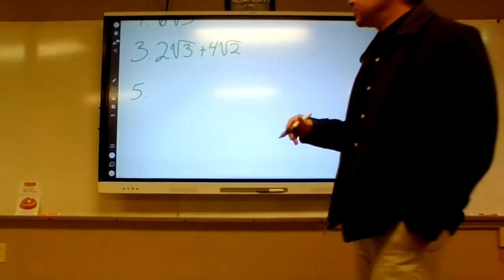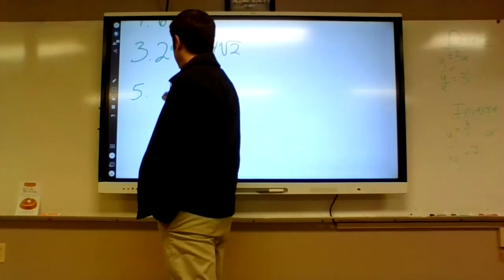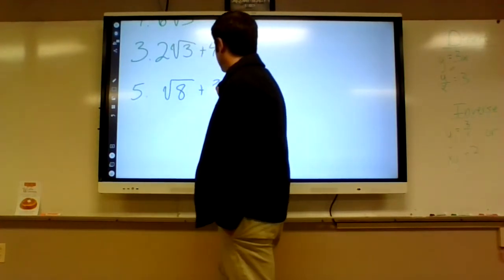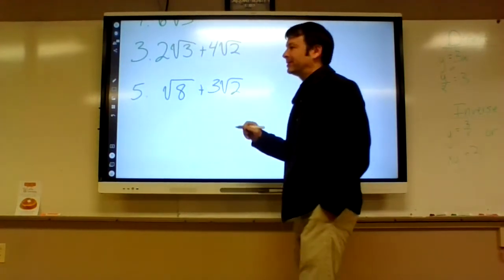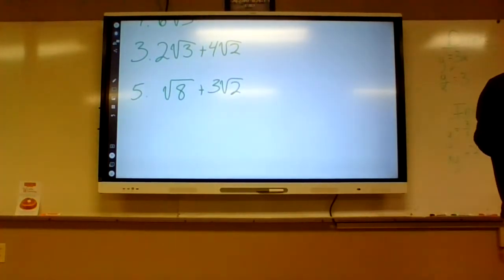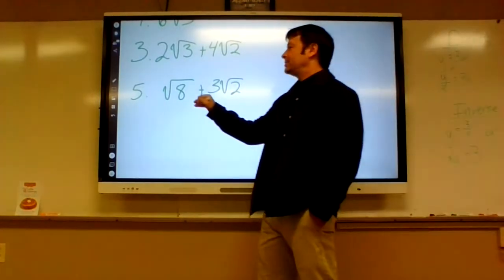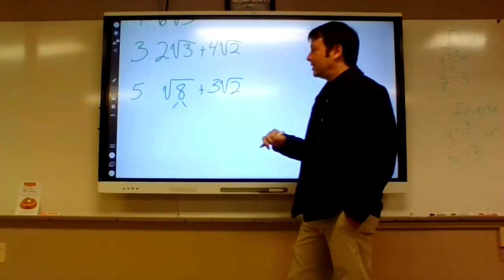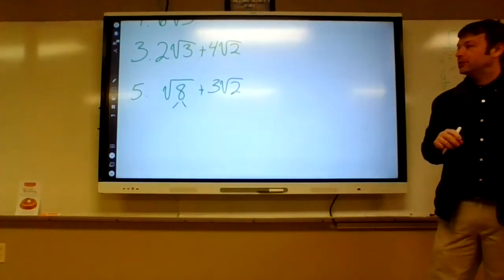Square root of 8 plus 3 square root of 2. That doesn't seem to add together, but you can simplify square root of 8. This is why we simplify numbers like square root of 8, because a lot of times they actually can add together with other square roots.